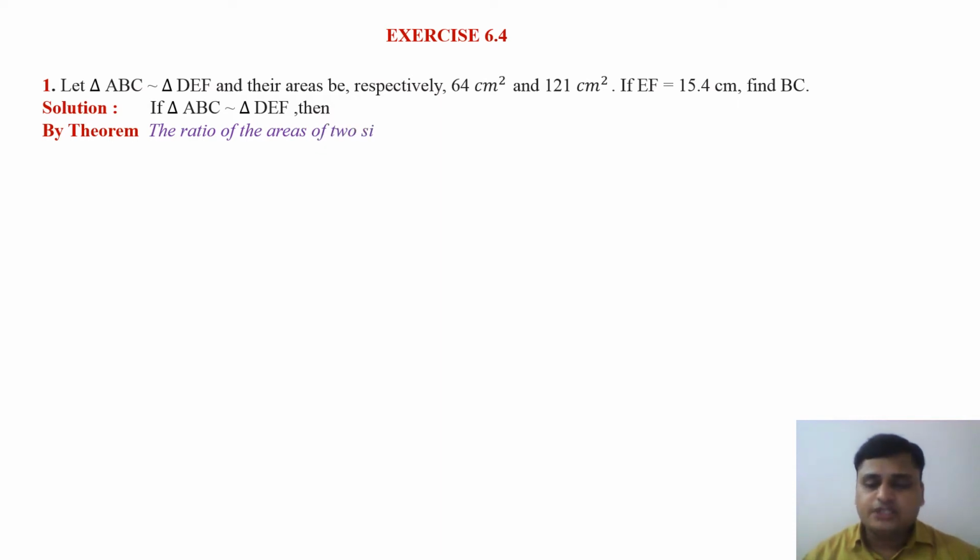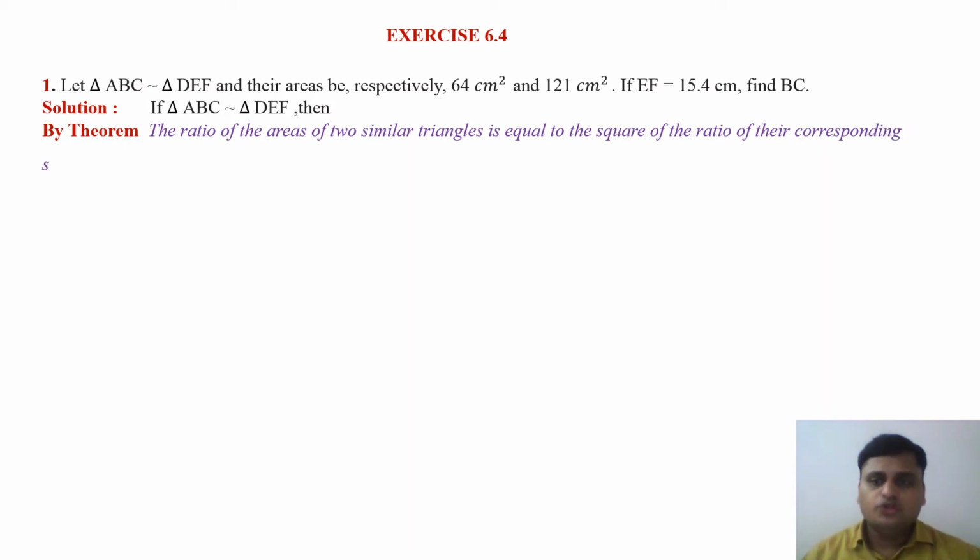The statement states that if two triangles are similar, then the ratio of their areas is equal to the square of the ratio of their corresponding sides. Once again I repeat, if triangles are similar, then the area ratio of both the similar triangles is equal to the square of the ratio of their corresponding sides.